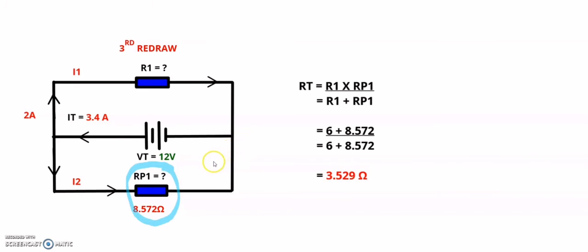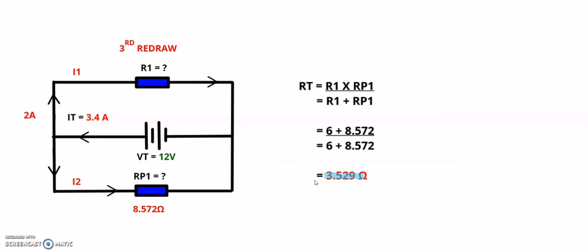To calculate the final total resistance, because I have my last two resistors left in the circuit, R total is equal to R1 multiplied by RP1 over R1 plus RP1, which gives me a total resistance for the circuit of 3.529 ohms. And that, guys, is how you calculate your total resistance: redraw the circuit in a specific circuit like this.